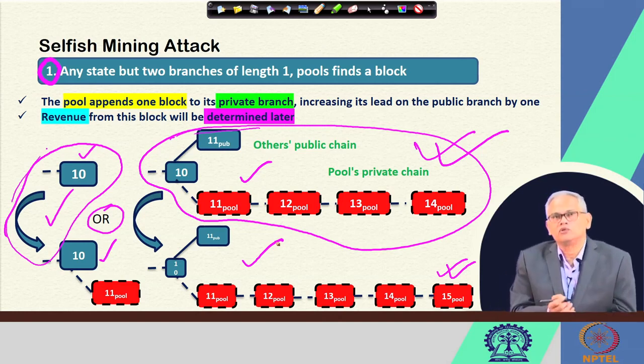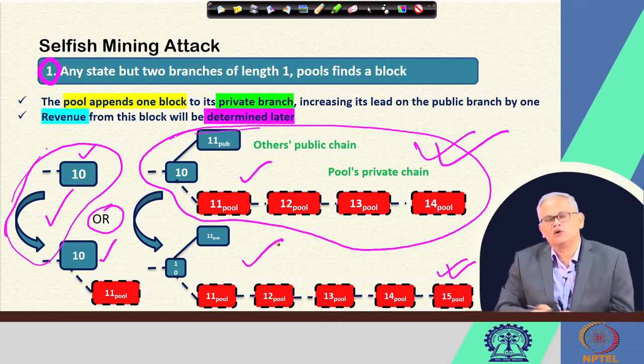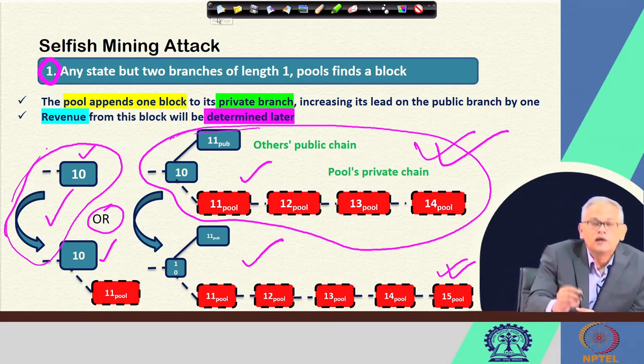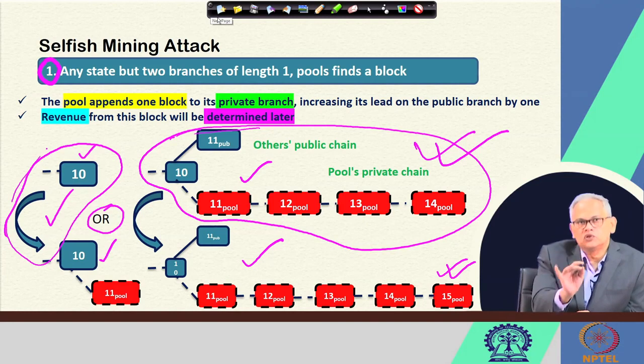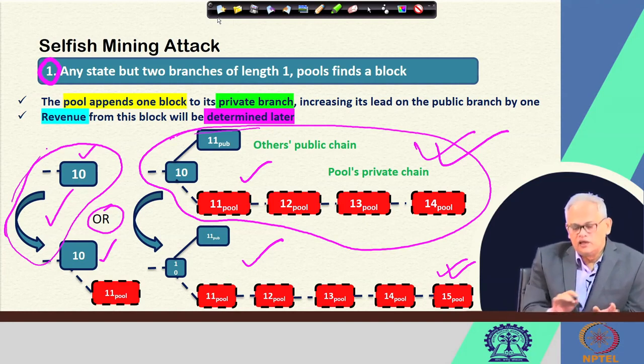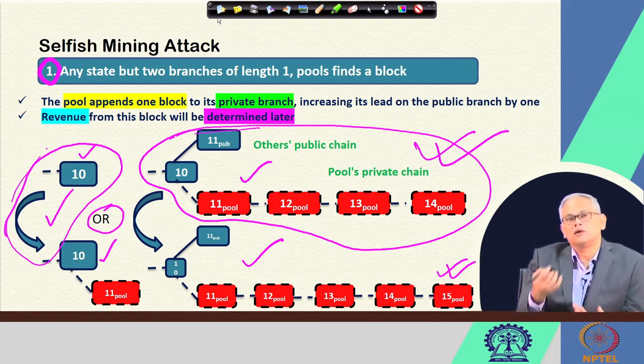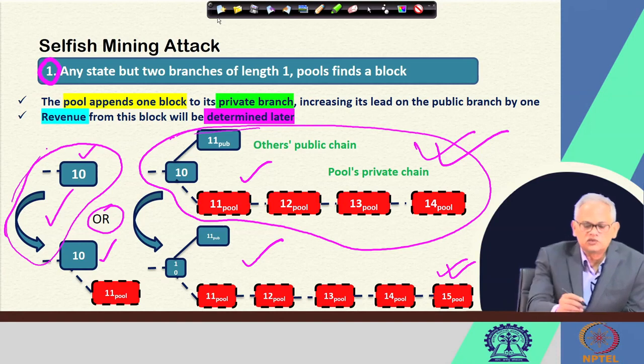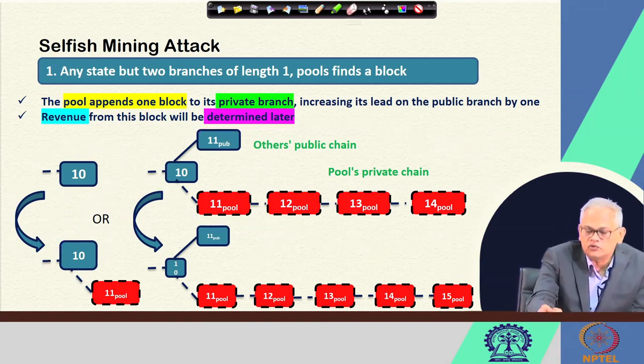What will happen to this revenue will be determined depending on the later stages which we will discuss. It only shows that if this was the initial state and the attacker gets one additional block, the attacker just does not do anything and keeps it to himself. That is what we intend to show in this particular slide.